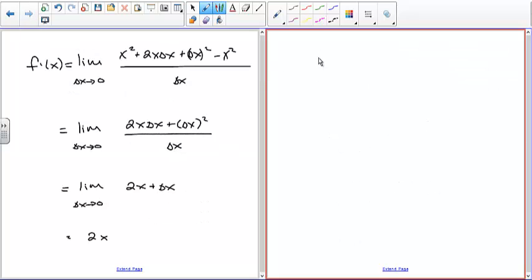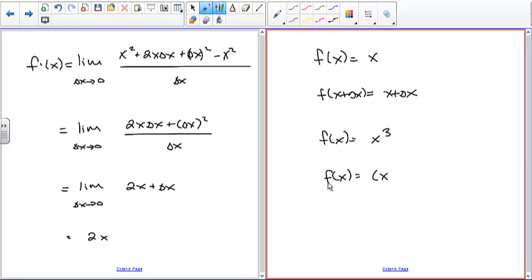So if you remember the kinds of things that we looked at, f of x equal to x, so f of x plus delta x is just x plus delta x. Okay, that was pretty simple. If f of x equals x cubed, you're going to have x plus delta x cubed.